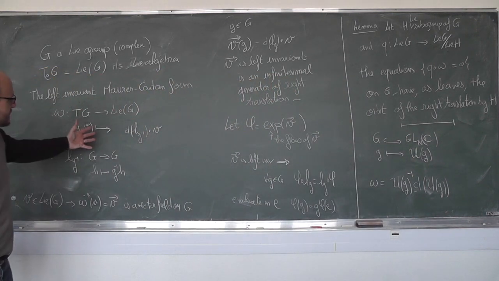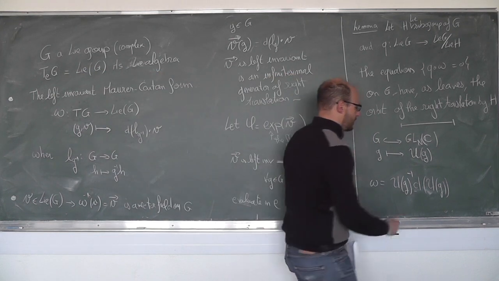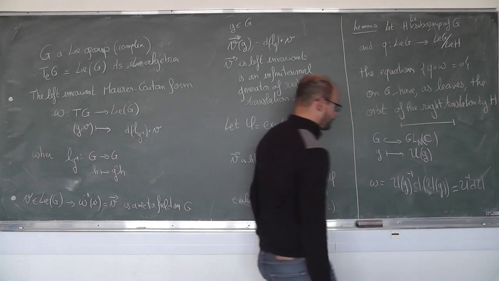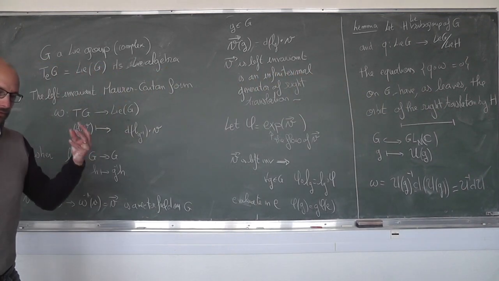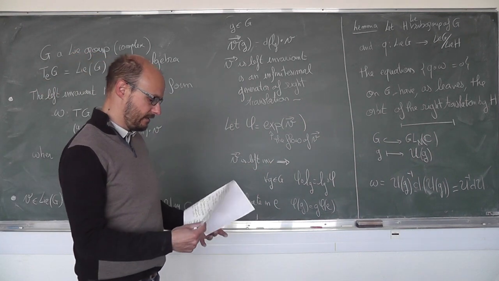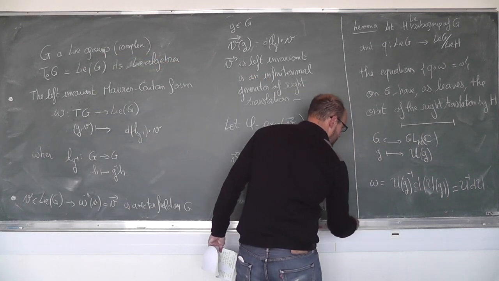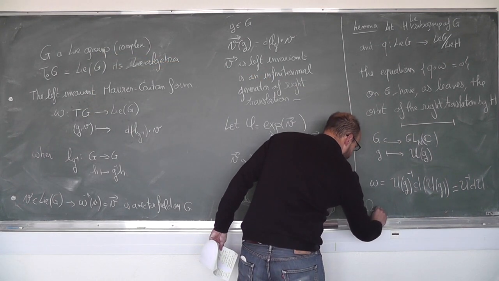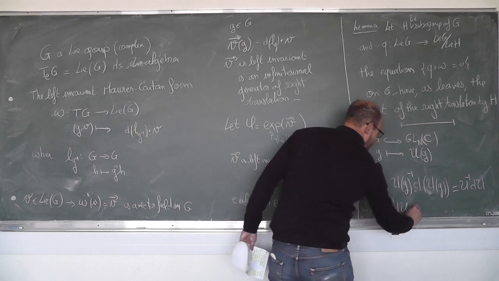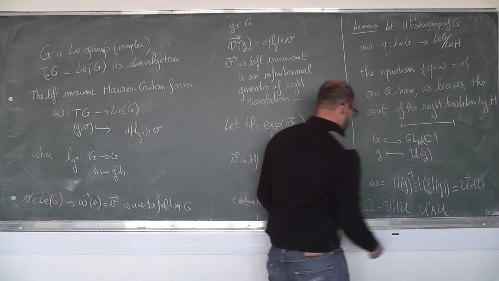So using matrix notation, this form is just u minus 1 du, which is the first part that appears in our form big omega, the principal form. I remember that our form, let me try to write it, is du minus u minus 1 a u.